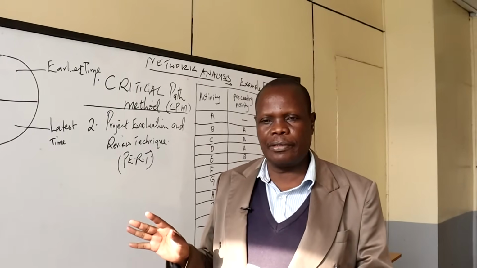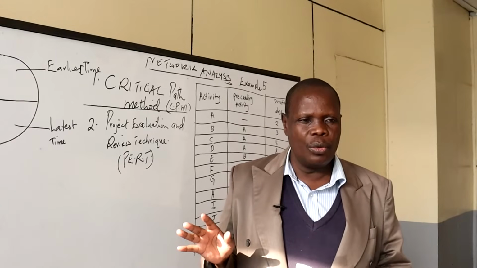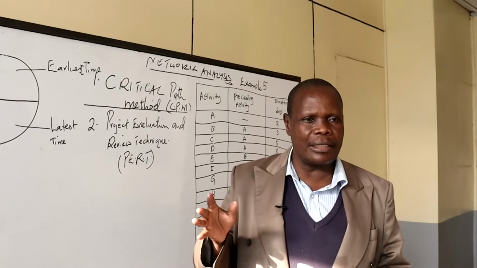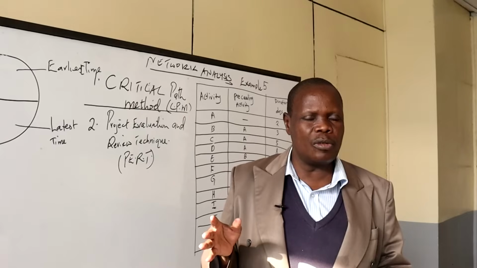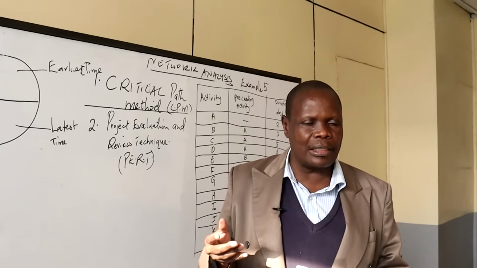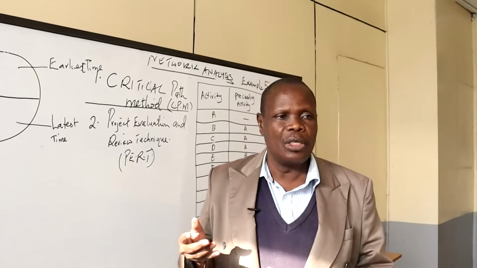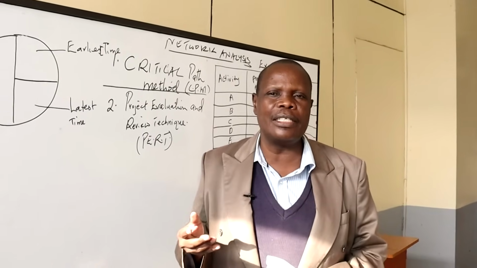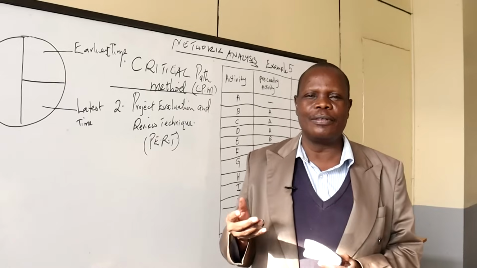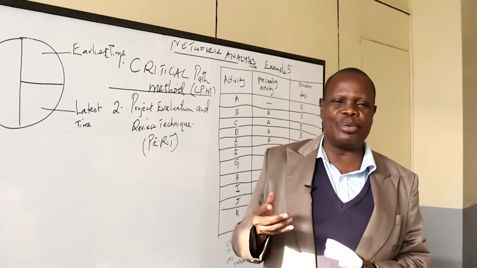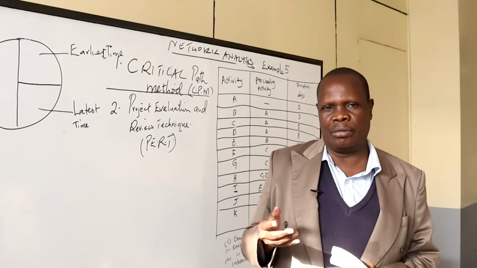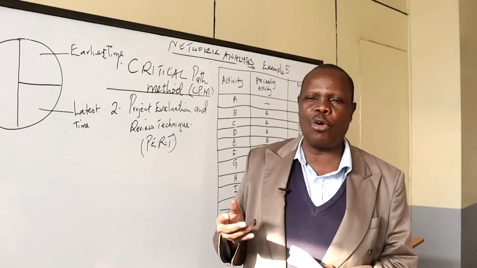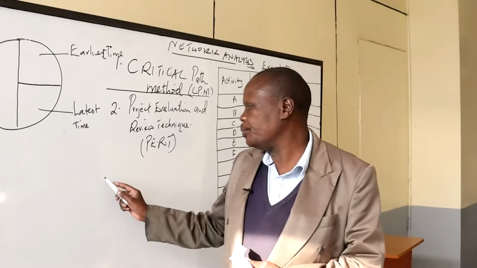On reaching the last event in the project, we conclude that the earliest time is equal to the latest time for that last event in the project. This process of adding each activity duration from left to right and picking the maximum duration is known as forward pass.